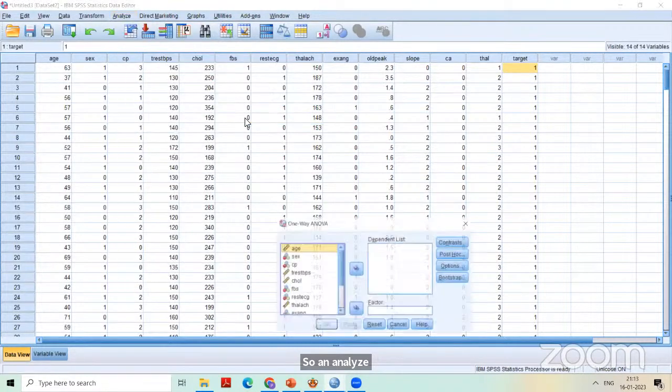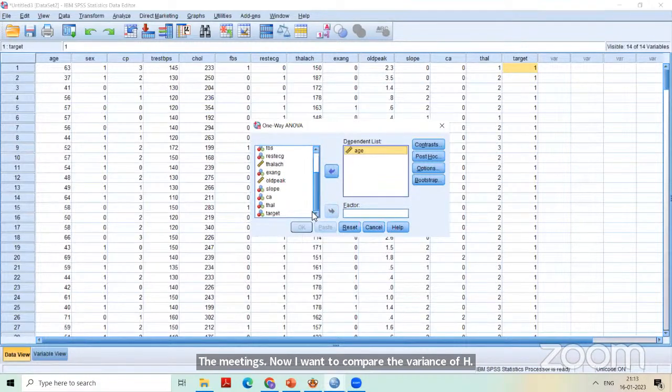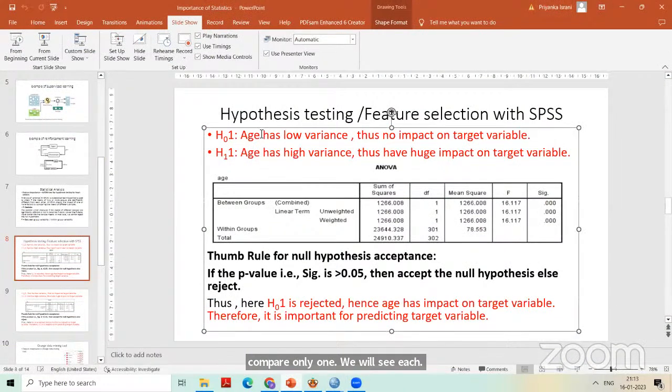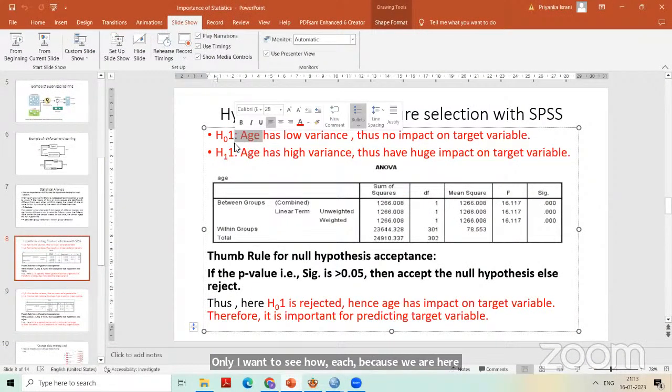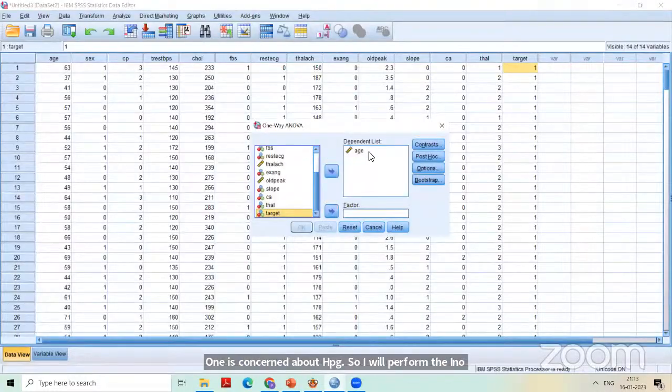When you click here, it will ask which variables you want to compare the variance of. I want to compare the variance of age, so I will enter it into the dependent list, and I want to compare with the target. Here we are concerned only about age, because my first hypothesis is concerned with the age feature, so I will perform the ANOVA analysis on age only.